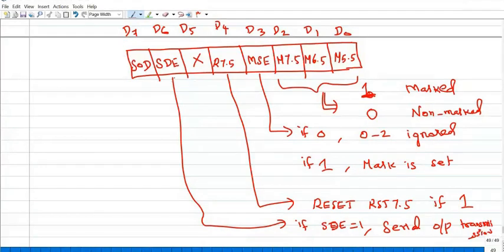So whatever the data available in D7, that will be transmitted to the external world. Serial output data.